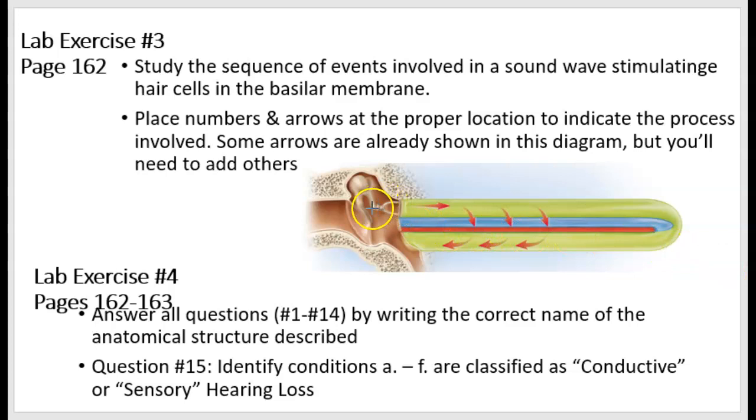And so you'll just trace the stapes movement, the oval window movement, wave in the vestibular canal, etc., so on and so forth, and then the recoil and upward displacement. And I'll have an answer key available for you as well, which is essentially also on these slides.